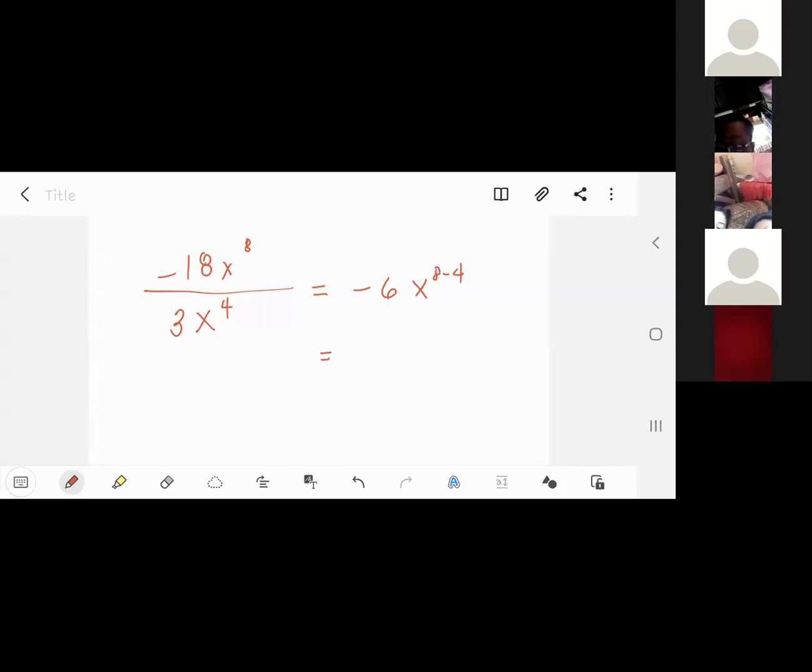Therefore, your final answer is negative 6x to the power of 8 minus 4, which is 4. So your final answer is negative 6x to the power of 4. Got it? Yes, ma'am. Next example.